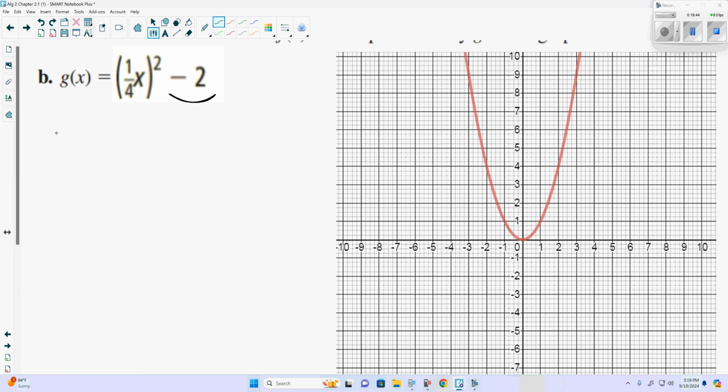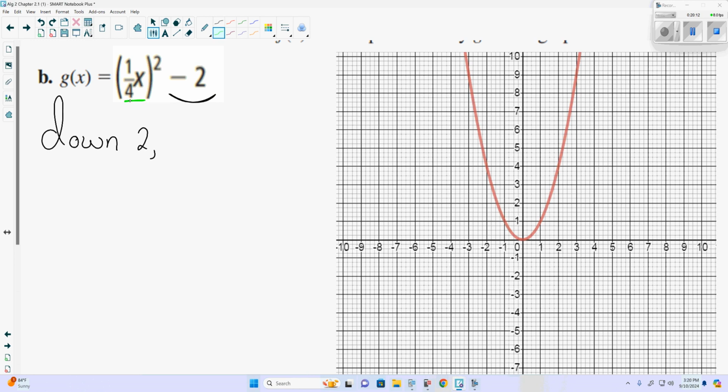It would be down 2, because if we add or subtract something outside the parentheses, it would move it up or down. Questions on the up or down?